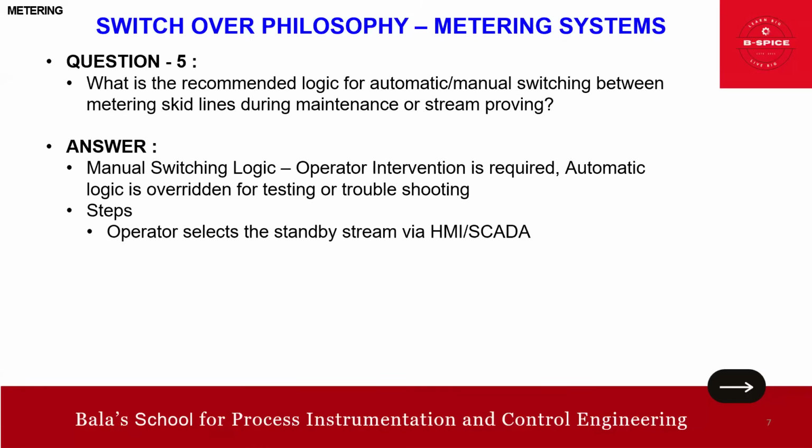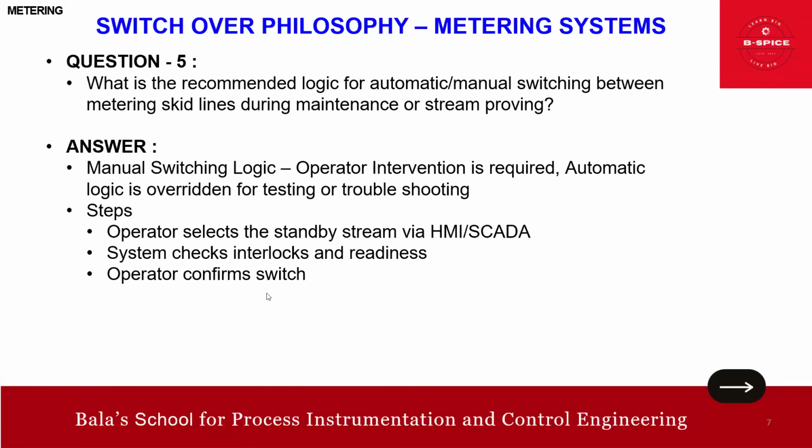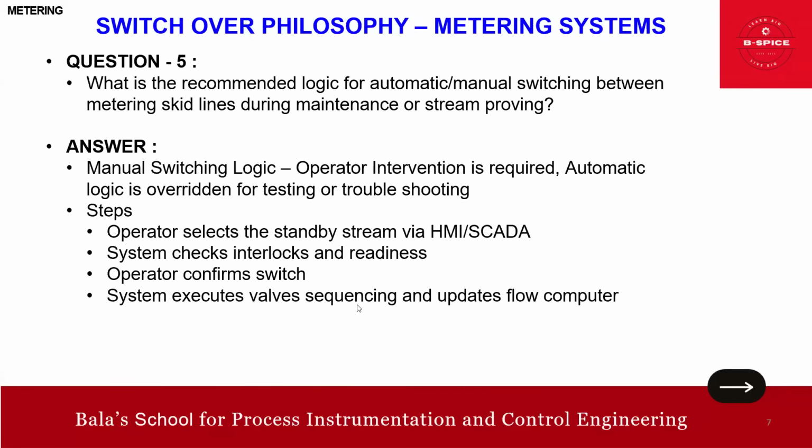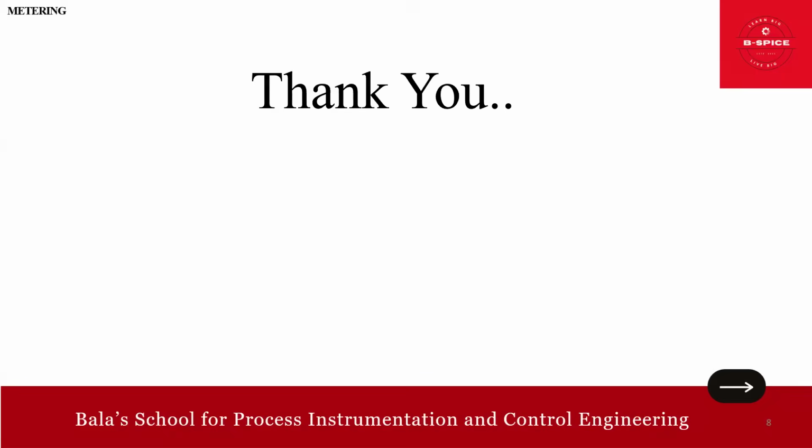So what are the steps involved? First, the operator selects the standby stream via HMI or SCADA, then the system checks the interlock and readiness, the operator confirms the switch, and the system executes the valve sequencing and updates the flow computer. So this is about the philosophy, friends.